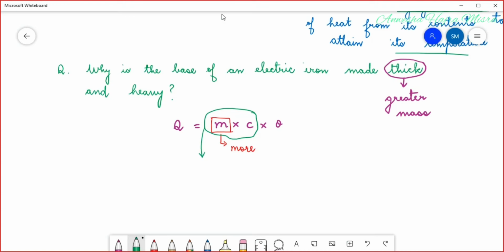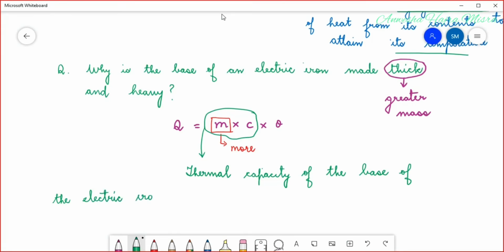So we can say that by making it thick and heavy, the thermal capacity of the base of the electric iron becomes large.